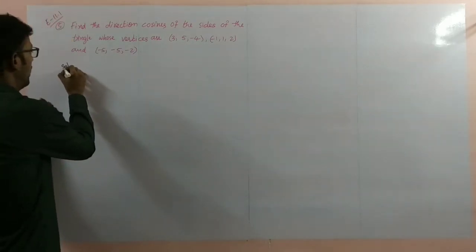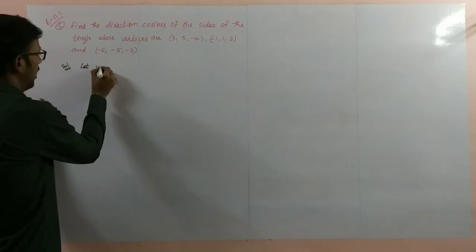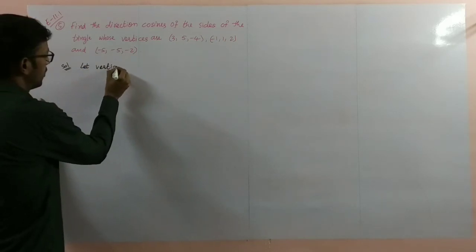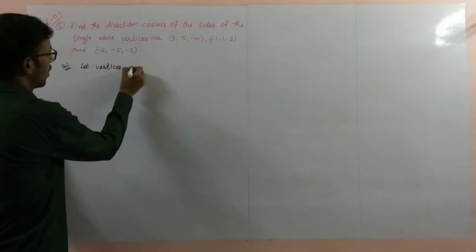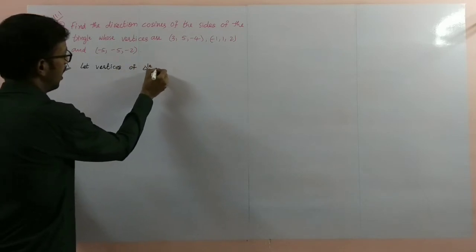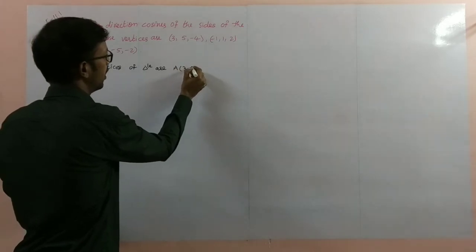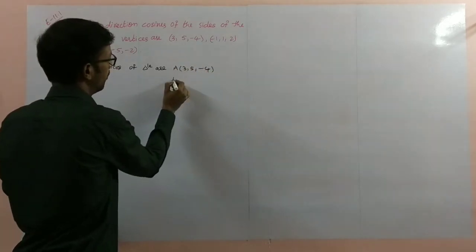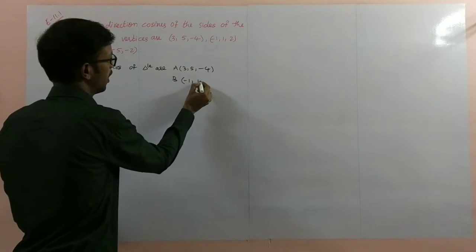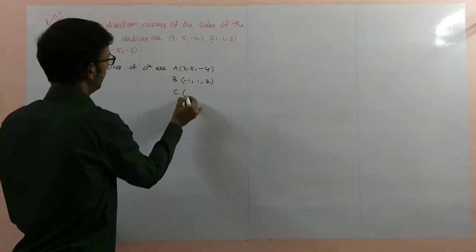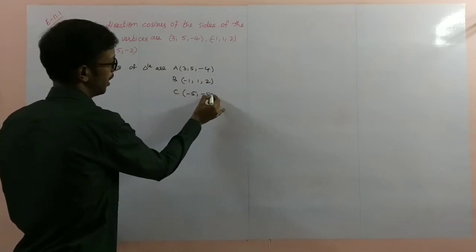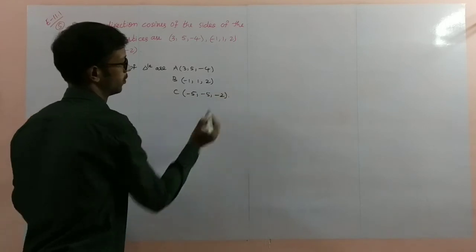So first of all, let the vertices of the triangle be A 3 comma 5 comma minus 4, B minus 1 comma 1 comma 2, C minus 5 comma minus 5 comma minus 2.